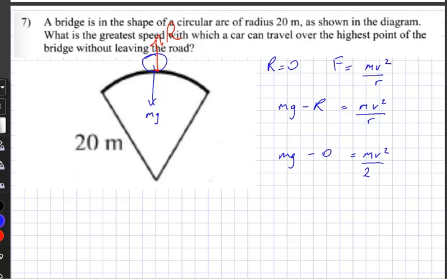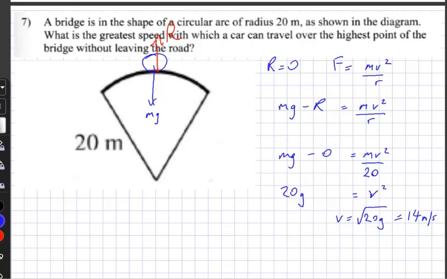We can divide by m on both sides and multiply by 20 to get rid of the denominator, and we get v squared is equal to 20g. If we then square root that, we will get an answer, and that works out as a nice tidy 14 meters per second.